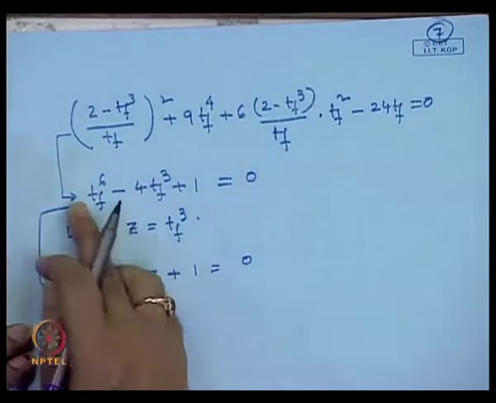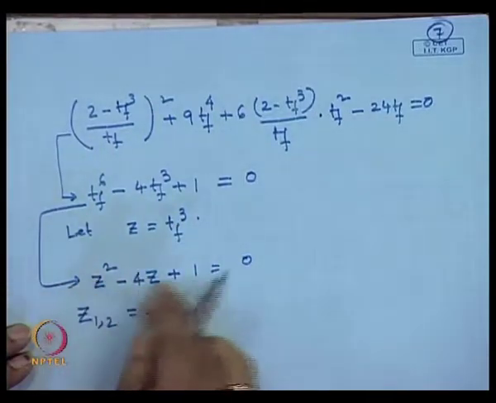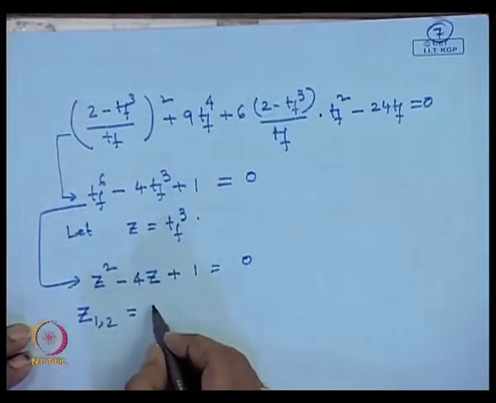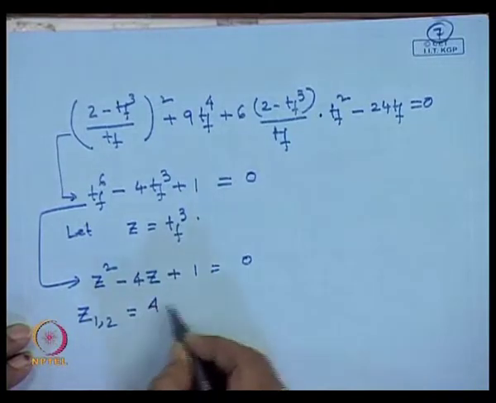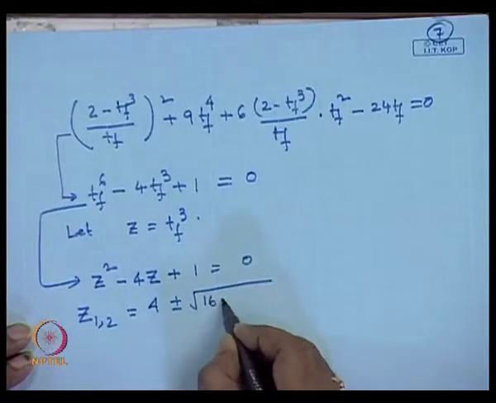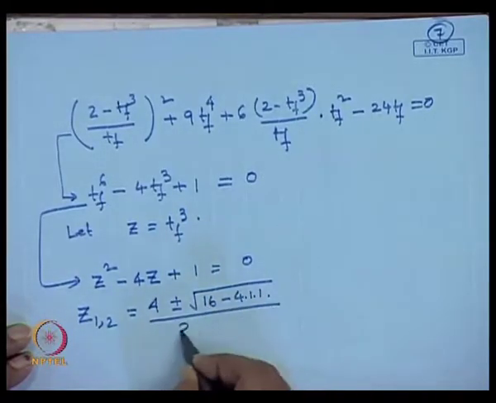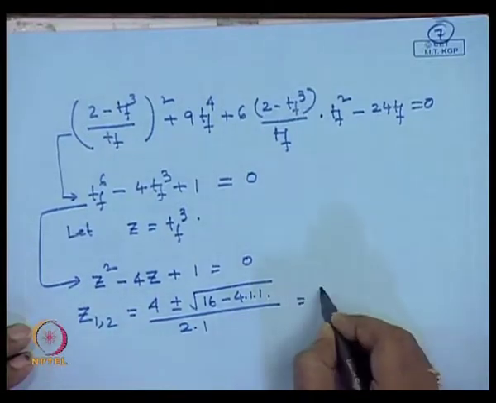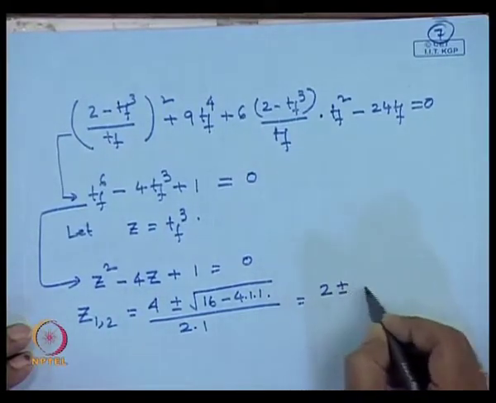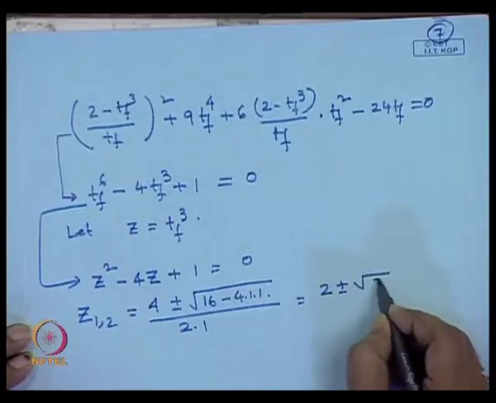Z is equal to minus b, that is 4, plus minus root over b square, that is 16, minus 4 a c, divided by twice a. So, that will be 2 plus minus root 3.